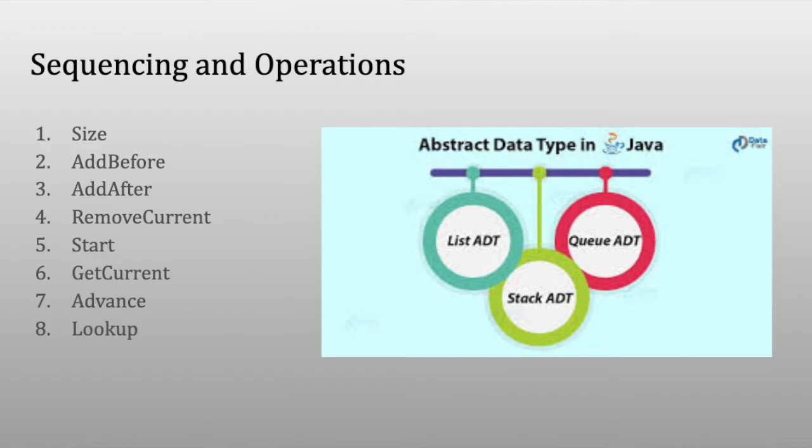Otherwise, it would return false. And advance is a simple operation that simply advances the current item. And lastly, our final operation is lookup, which is a Boolean expression because it would return true if a given item is in a sequence, otherwise it would return false.